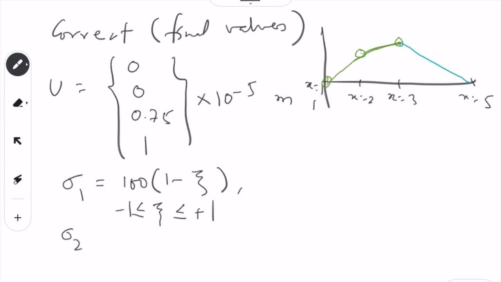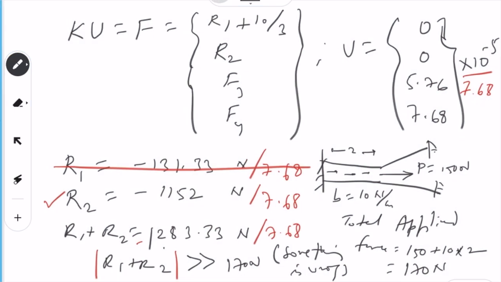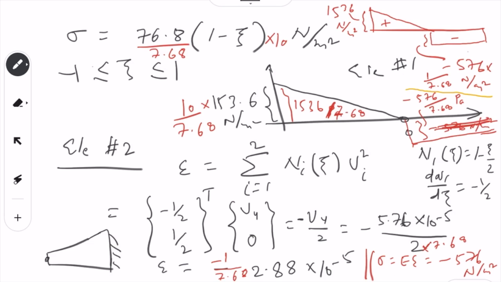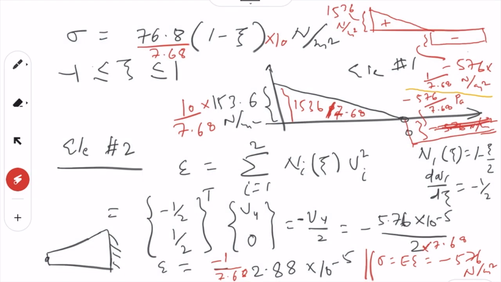And sigma 2 will have, let's see, the next one. So this is sigma 1, sigma 2 is here, and this is given by 5.76 divided by 7.68, 0.75 basically. So this is a strain basically.